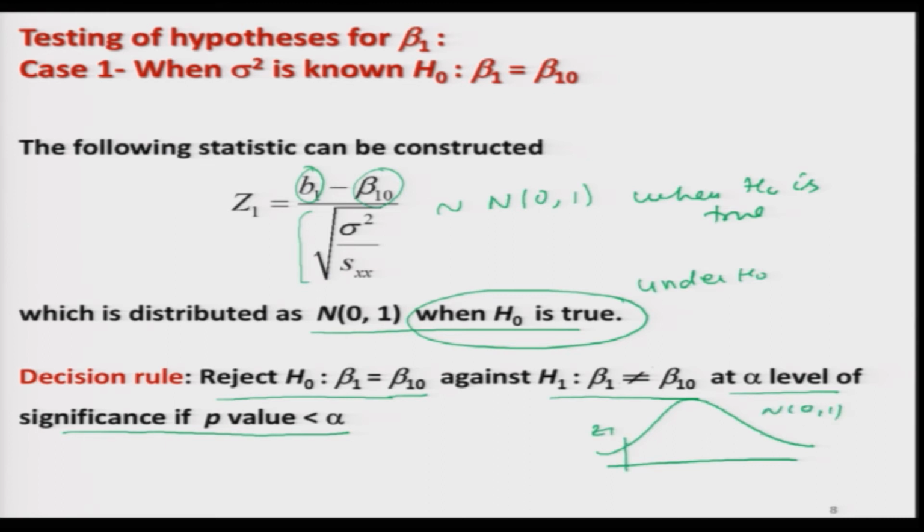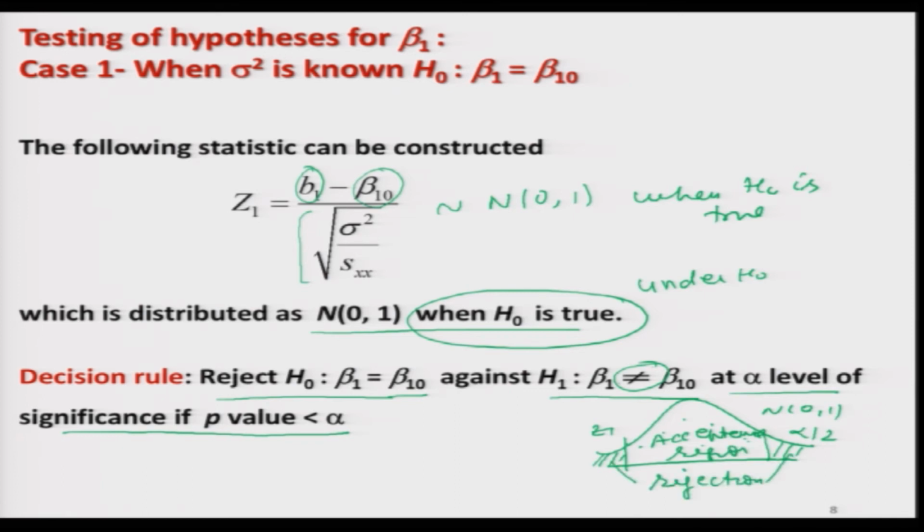We fix alpha. It is a two sided test of hypothesis, because we take not equal to. The region in the middle, the dotted region, is the acceptance region, and the shaded region here is the region of rejection.